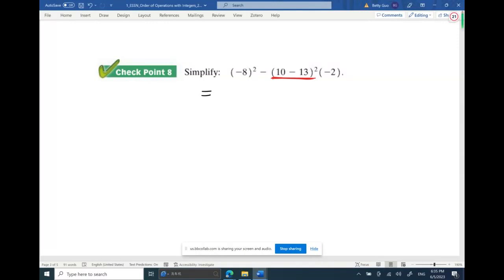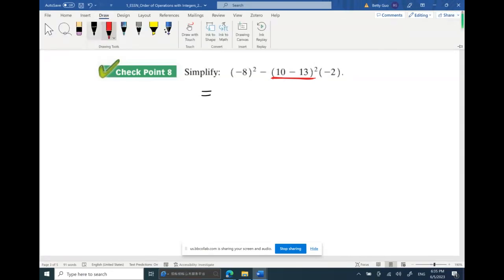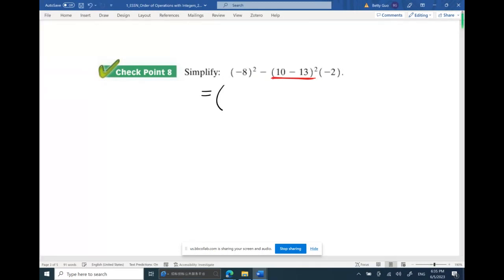Okay, so PEMDAS, we should take care of the content in the, what is it? In the grouping symbol. So we are going to evaluate the content in the grouping symbol. We copy everything else. If you have no reason to change them, you do not change them. You just copy exactly what they are.